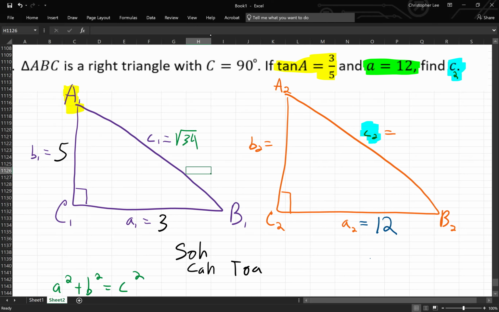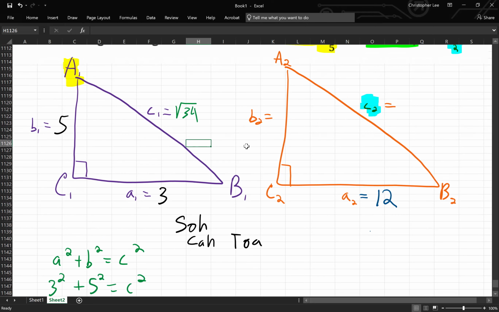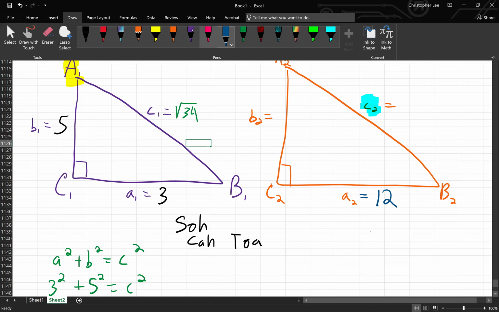So the easiest way you could do this is use similar triangles. These are the same. So I know what A2 is, 12, and I want C2. Let me match the colors so it makes a little bit more sense.